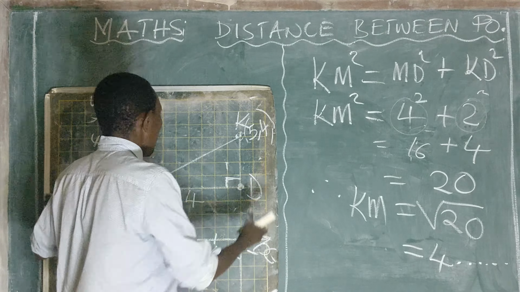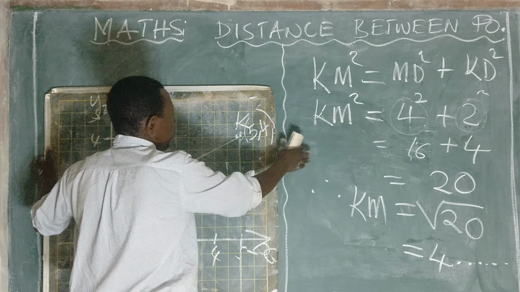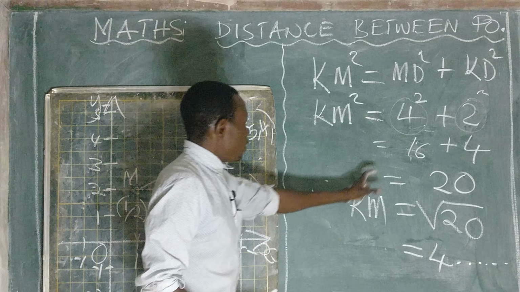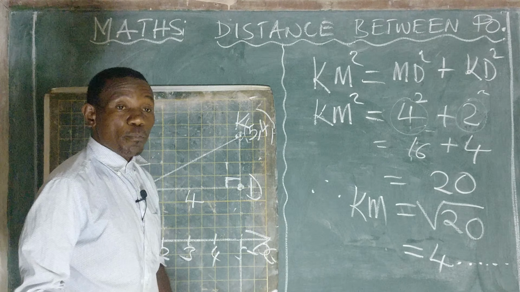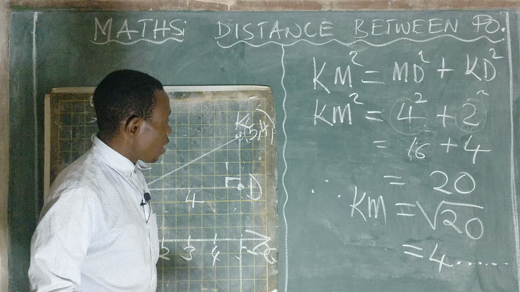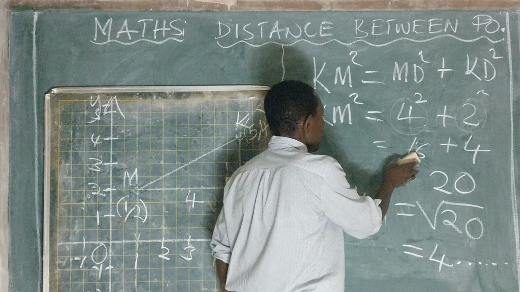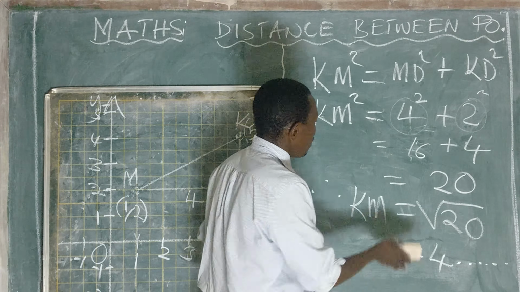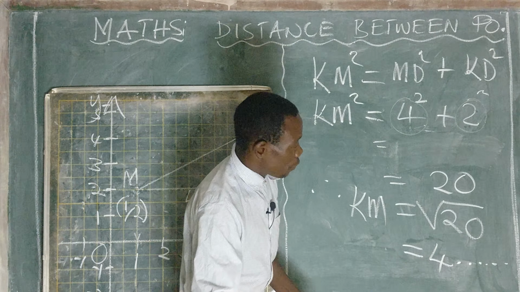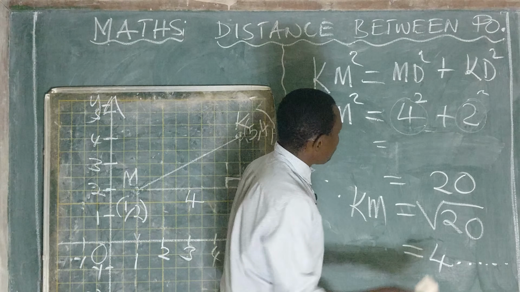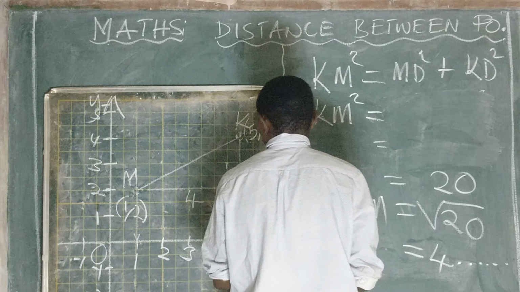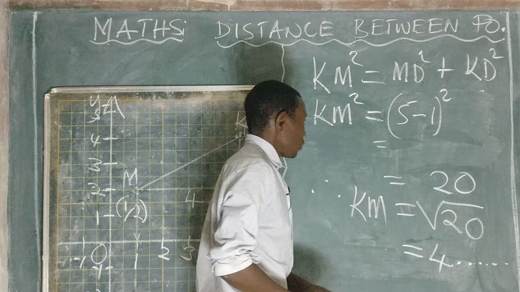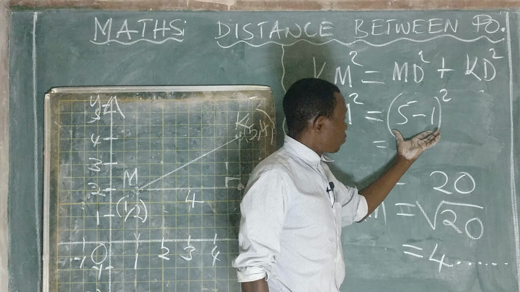So now, with that method we already have here, I'm going to rewrite the values in a different form by using the coordinates themselves. For example, for the 4, instead of having a 4 at that moment, this 4 is as good as 5 minus 1, squared, the change in x coordinates.